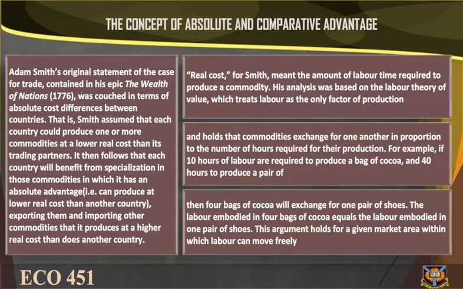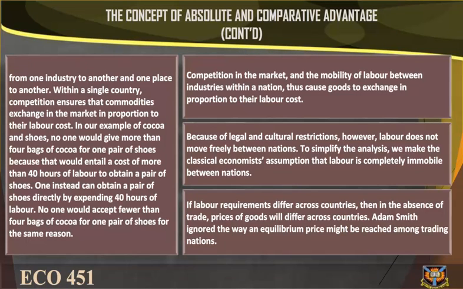This argument holds for a given market area within which labor can move freely from one industry to another and from one place to another. Within a single country, competition ensures that commodities exchange in the market in proportion to their labor cost. In our example of cocoa and shoes, no one would give more than 4 bags of cocoa for 1 pair of shoes because that would entail a cost of more than 40 hours of labor to obtain a pair of shoes.